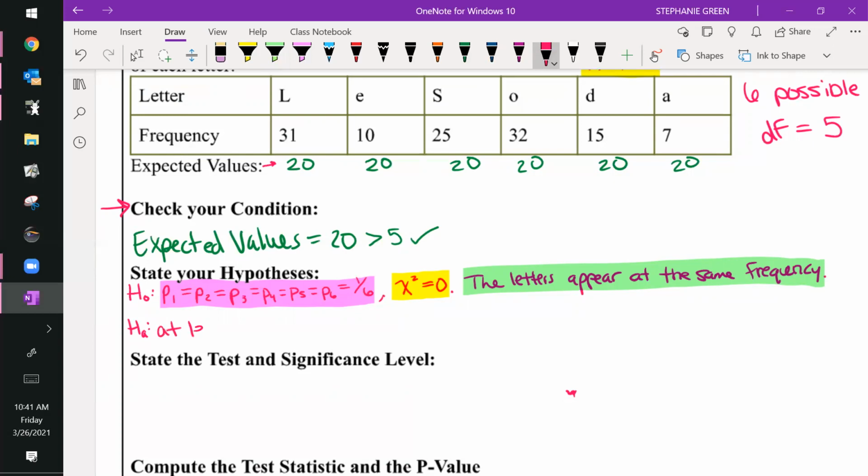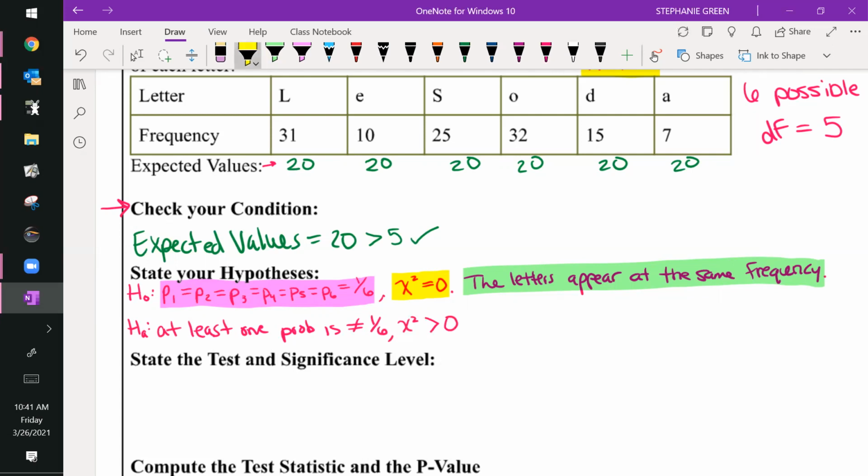At least one probability is not equal to 1/6, meaning that chi-squared, and remember chi-squared always takes on a non-negative number, is never going to be less than 0. In fact, if I just say that chi-square is not equal to 0, then that means that chi-square has to be greater than 0, because again, chi-squared cannot be negative.